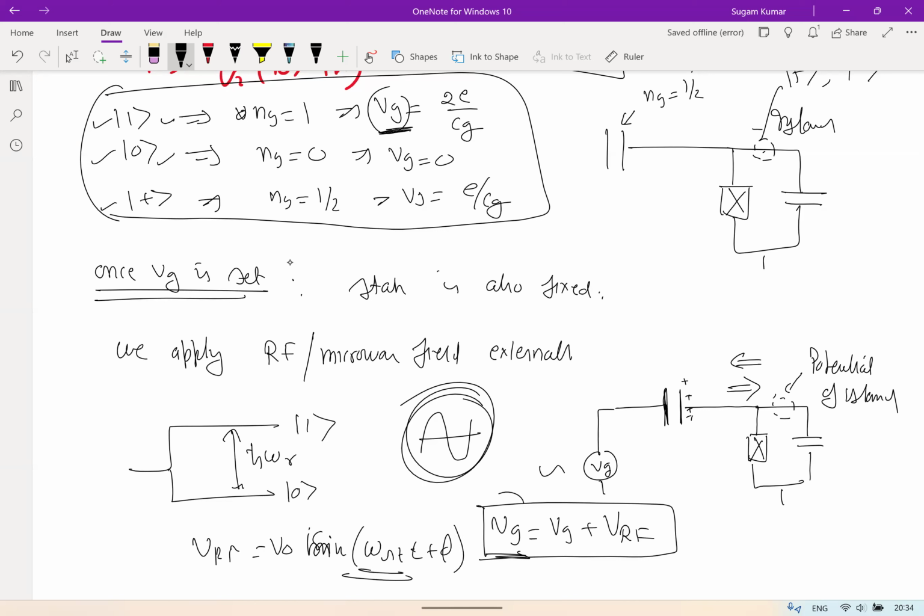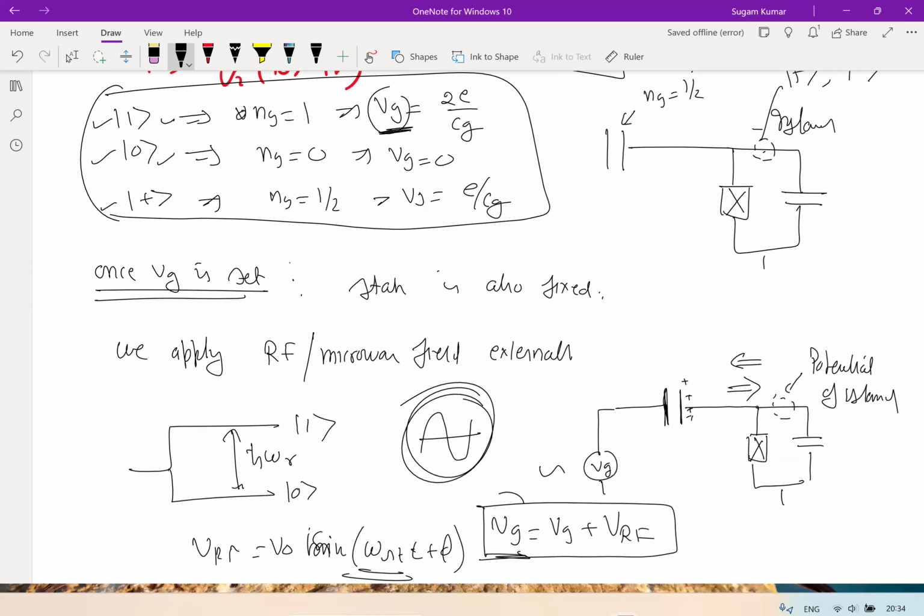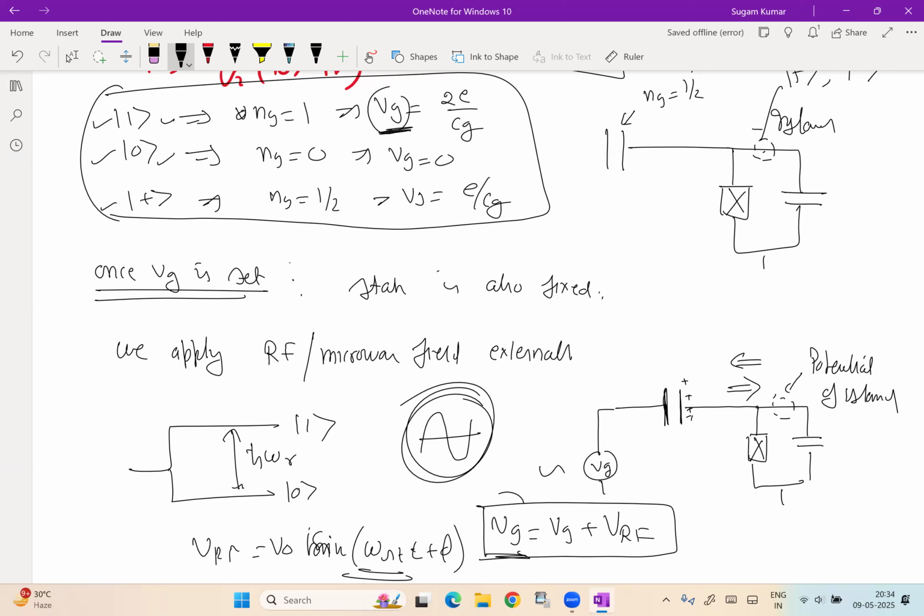This is the applied RF voltage you produce so that you can manipulate the system. You can create a superposition, you can create a gate. In the spin qubit, I mentioned that I can apply RF and we can do anything. You can create a NOT gate, X gate, Y gate, Z gate, CNOT gate. All those things you can do with the RF here.